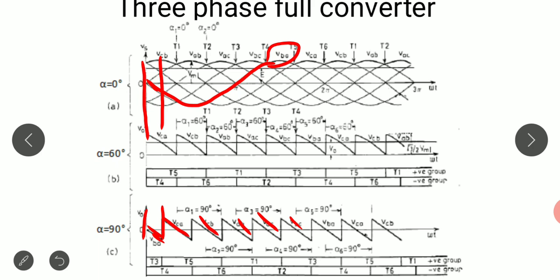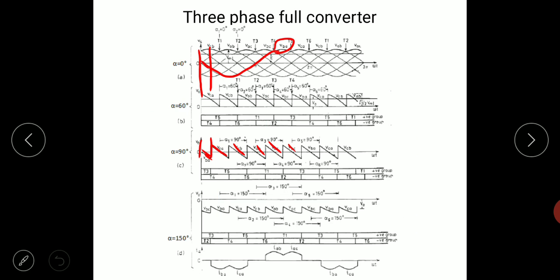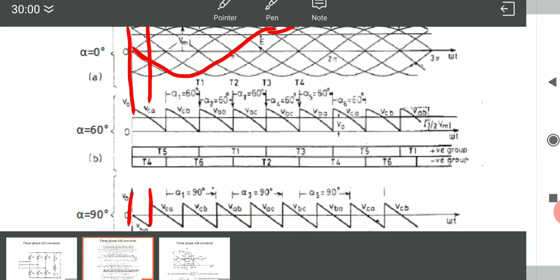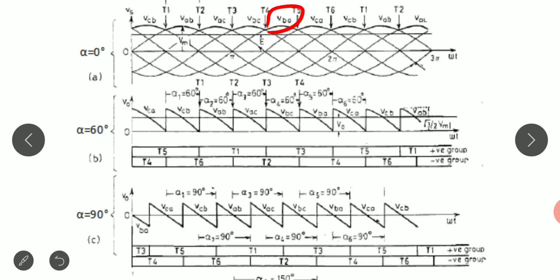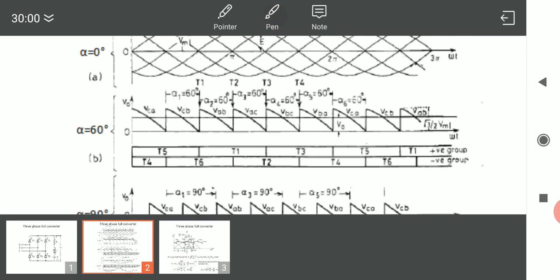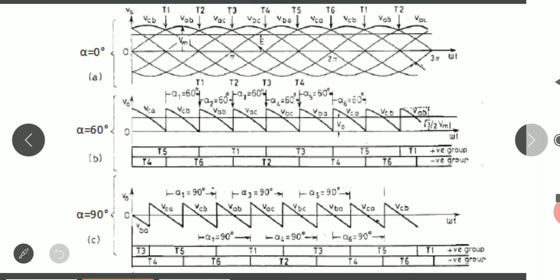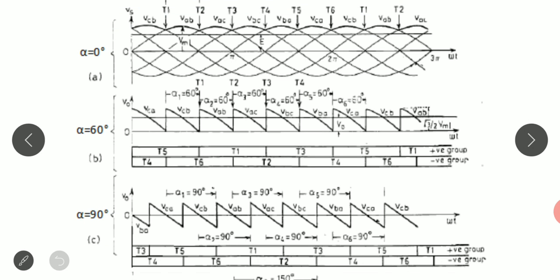Let us check randomly one step. Let us check for this interval where T1 and T6 are conducting.